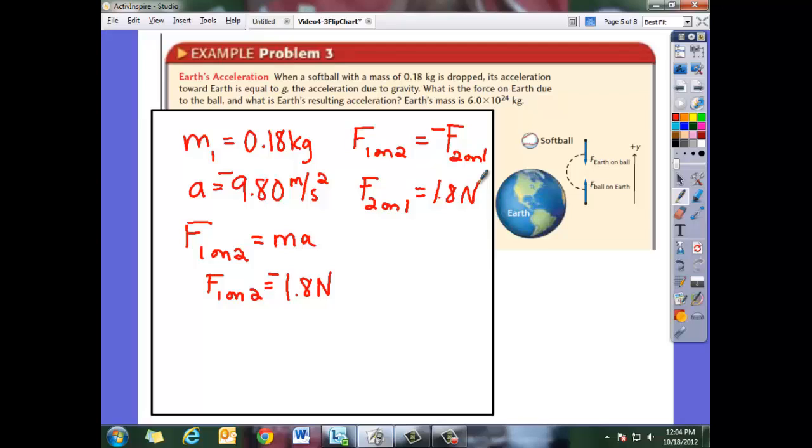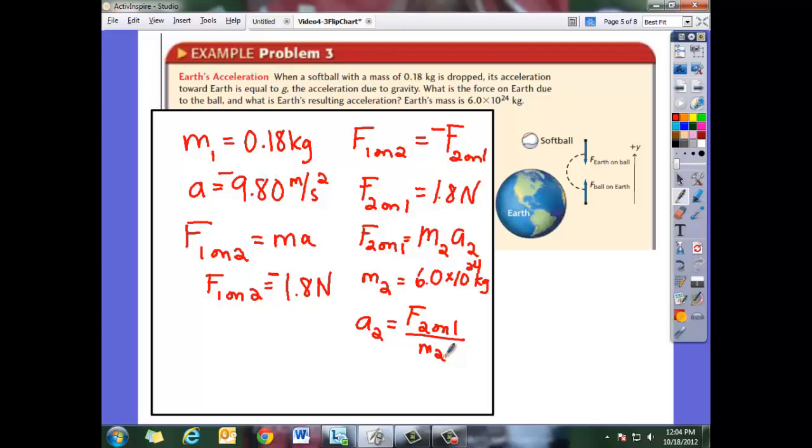Then it asks, what is the force on Earth and what is the Earth's resulting acceleration? So if F2 on 1 is equal to m2a2, I know that m2, it tells me in the problem, is 6.0 times 10 to the 24th kilograms. So all I have to do is rearrange it for a2. So that's going to be F2 on 1, which I know is 1.8 newtons, and I'm going to divide that by m2.